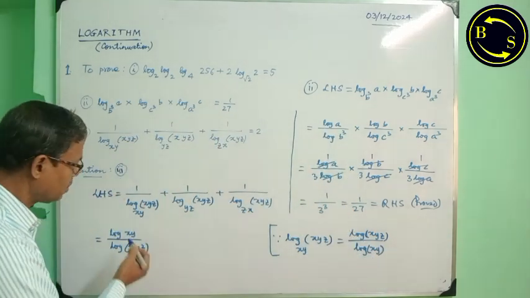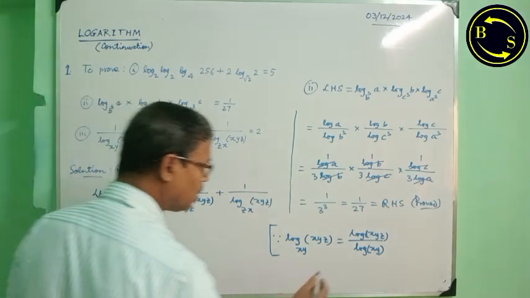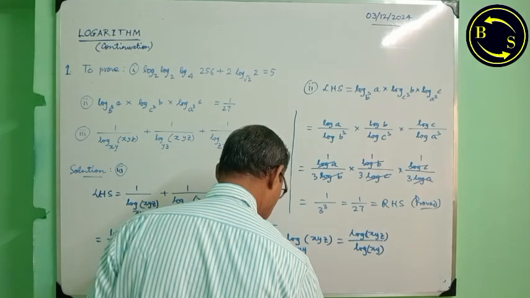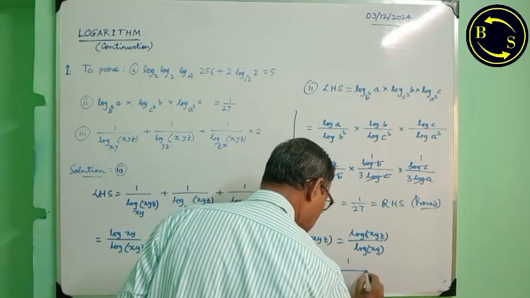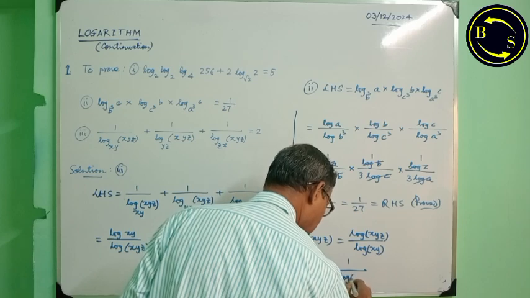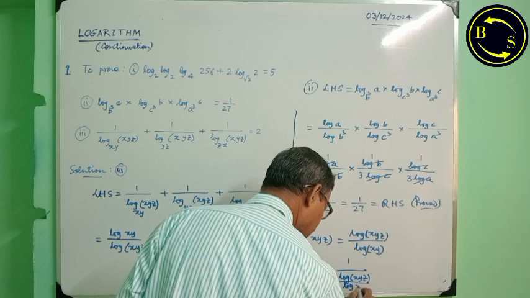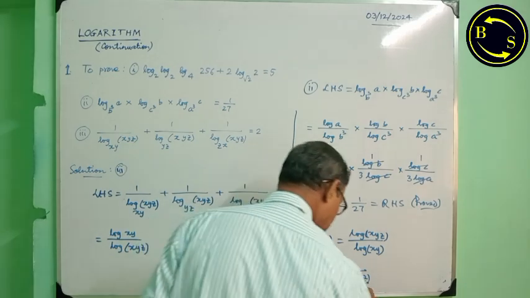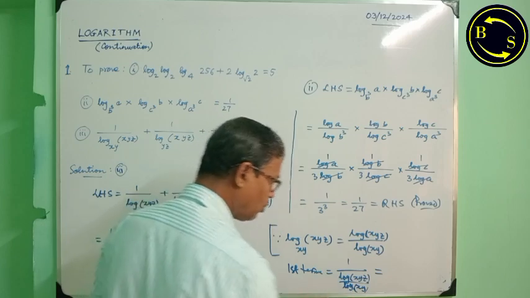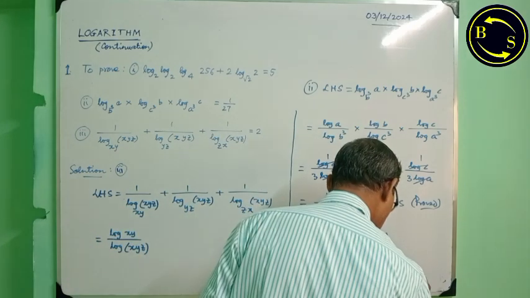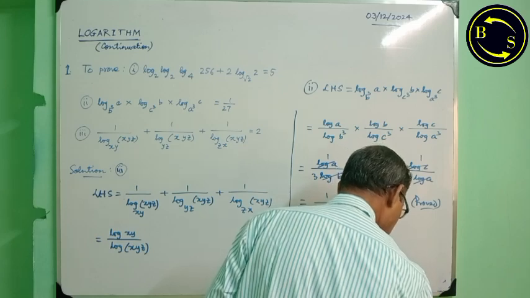Now 1 by this expression, therefore that will be, first term will be 1 by log of xyz by log xy. Now log of xy is the denominator of the denominator, therefore this will be log of xy by log xyz.